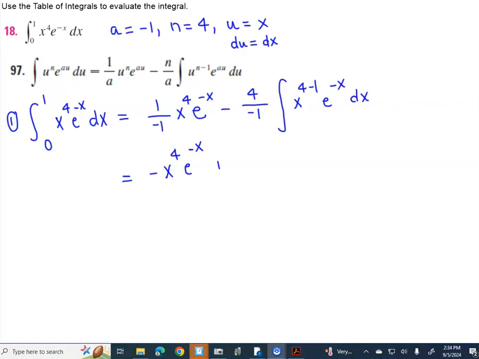Negative times a negative gives us a positive, so this is plus 4 times the integral going from 0 to 1 of x to the third power e to the negative x dx.